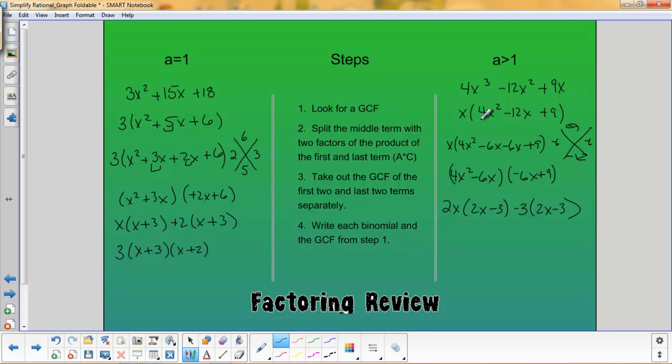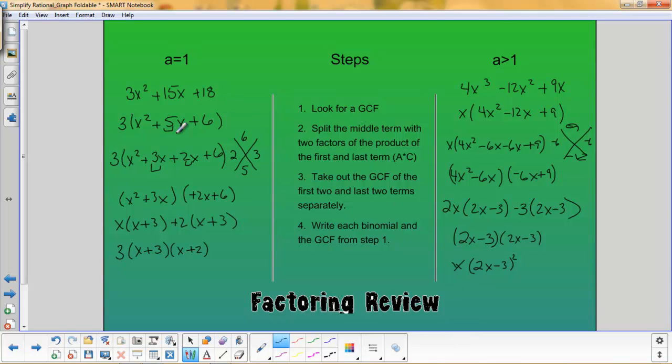If you were observant, you'll notice this is a perfect square trinomial, so your factored form is going to be this. Remember, that can be written as this. And remember your GCF at the beginning, that is part of your solution.